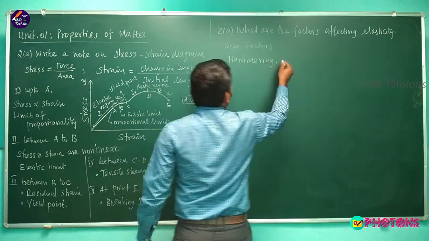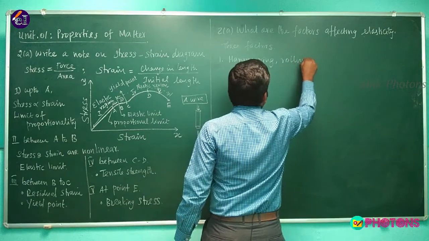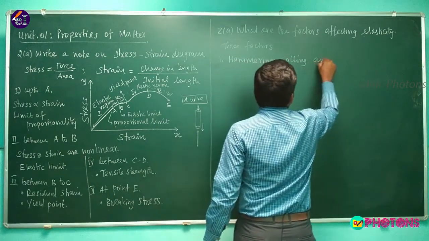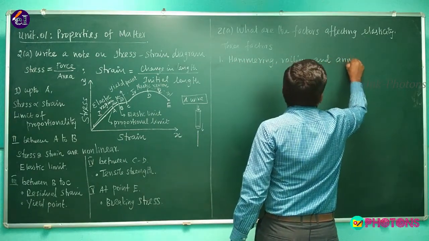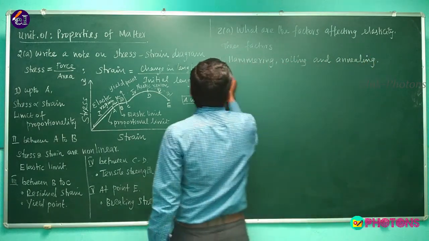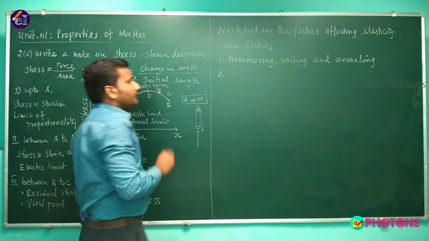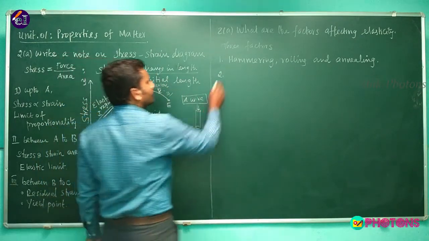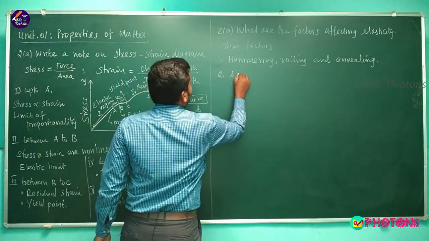One is hammering, rolling, and annealing. Second, addition of impurities.